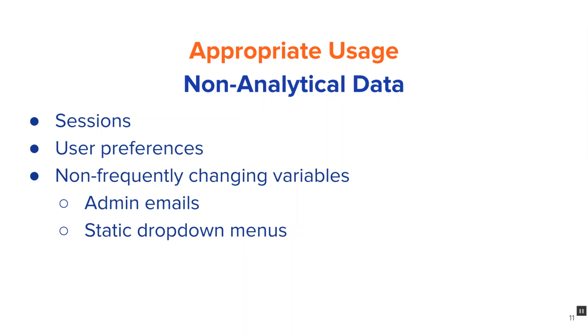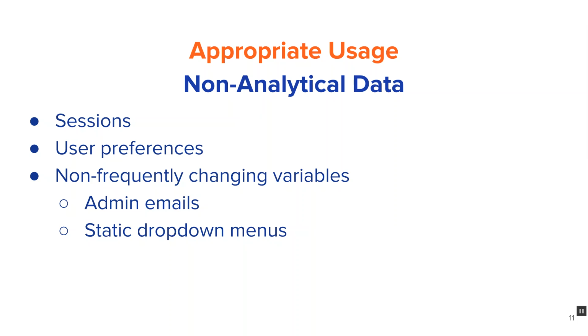It's already in the correct format, ready to use in JavaScript or whatever. Things like user preferences, you're probably not going to be analyzing that. If a user has their background color preference saved as blue or red, who cares? I mean, unless maybe you are analyzing it, who knows? But for most occasions, I'm not doing that, so it's a great use case.